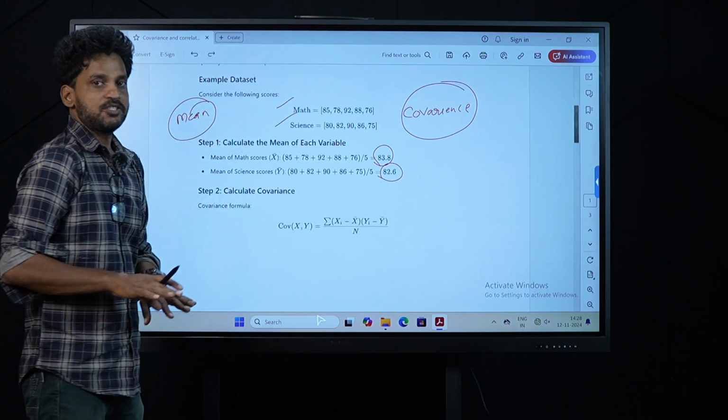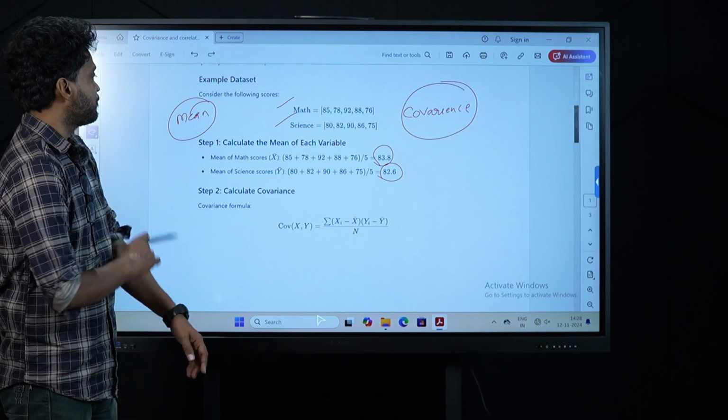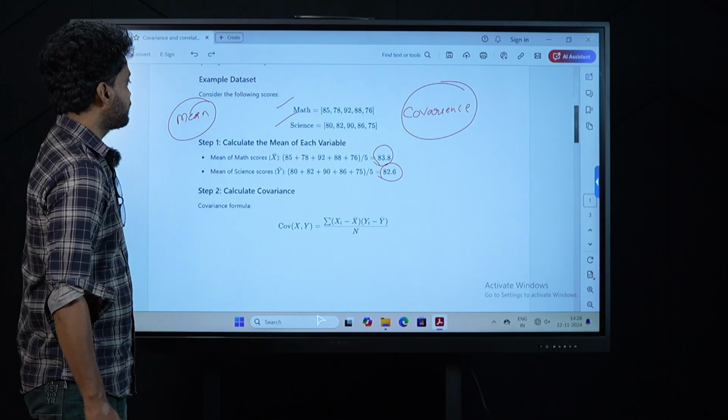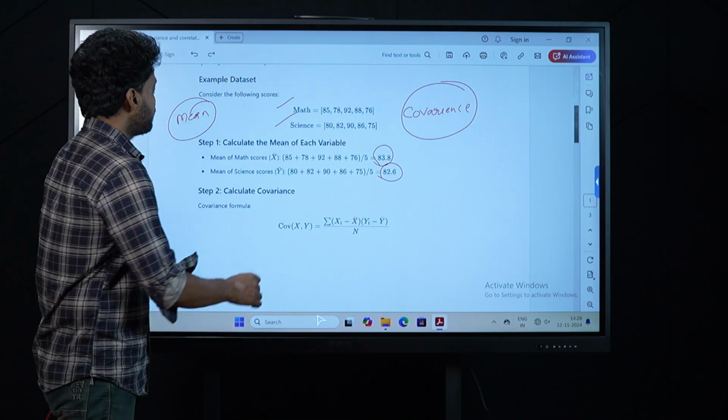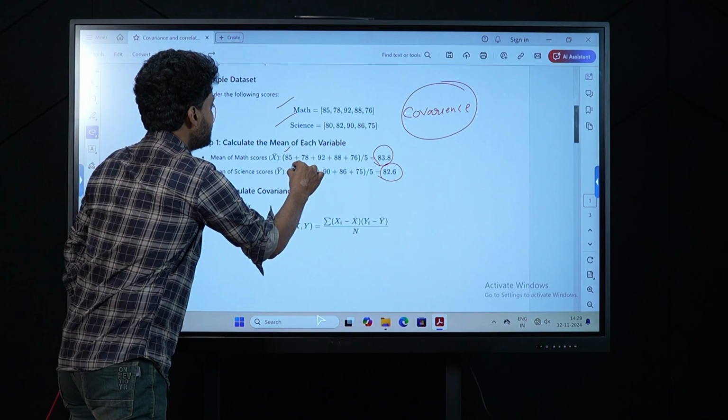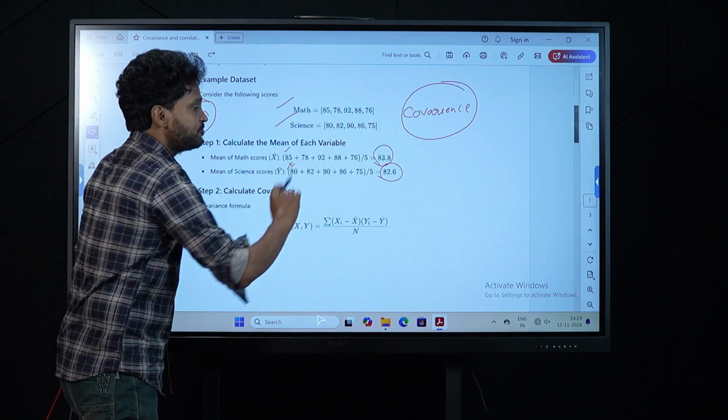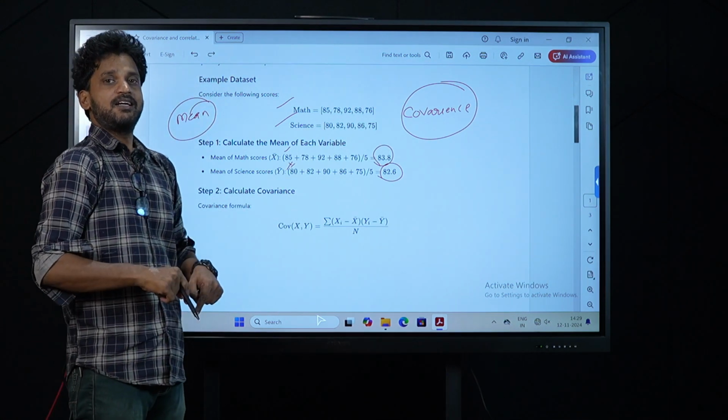Now what is covariance? Covariance means we multiply the deviations from the mean of each variable, add them, and take the average.